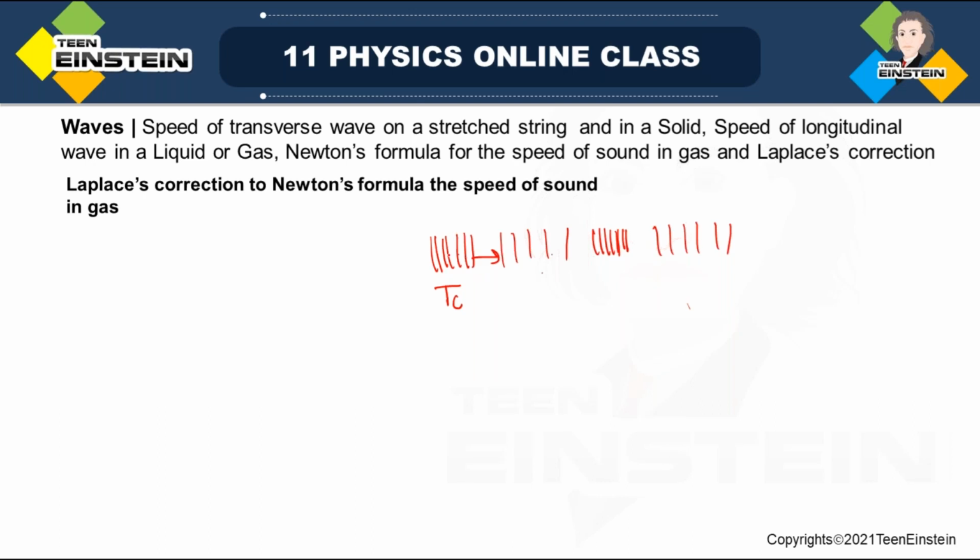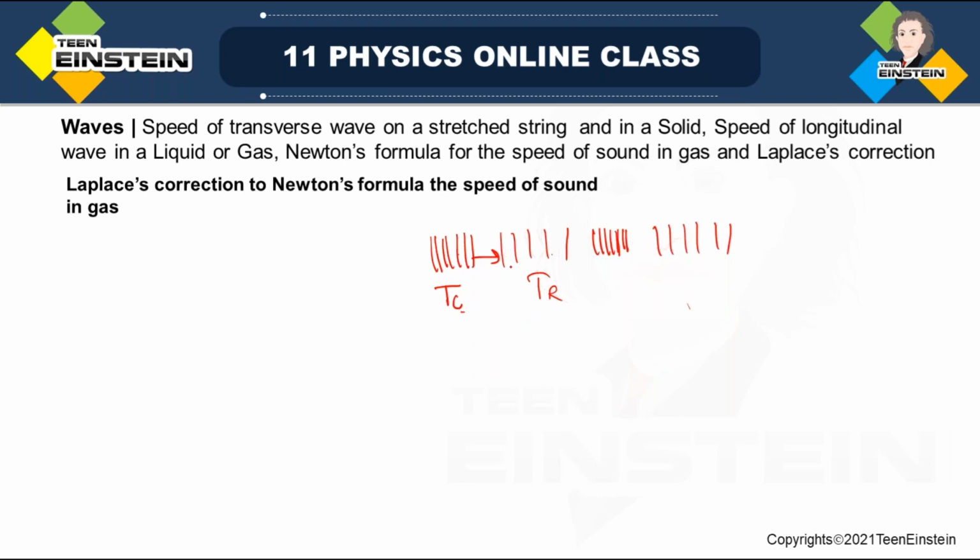So this rarefaction and compression happens very quick while the sound propagates through the medium. Therefore, temperature cannot be equalized within that fraction of time. Because of that, the temperature at the compressed region and at the rarefied region will be different.